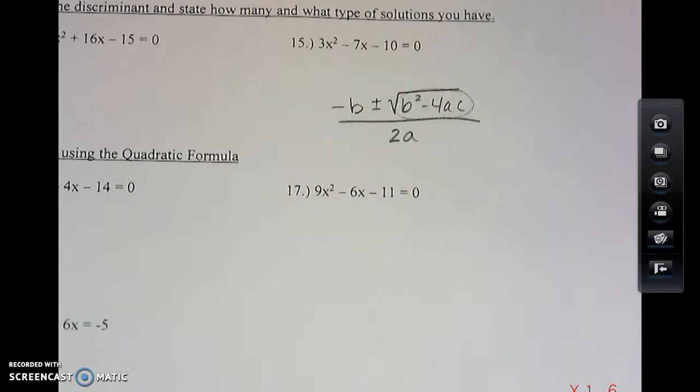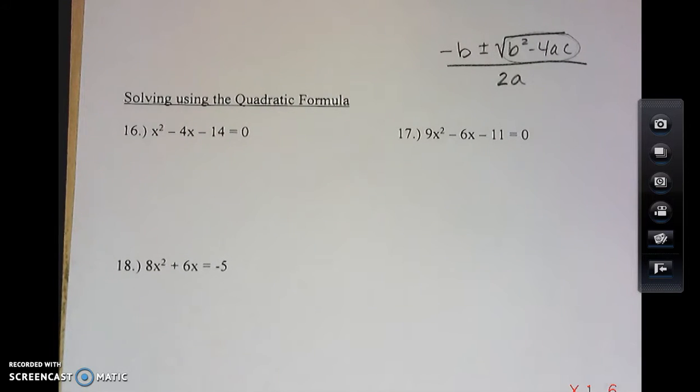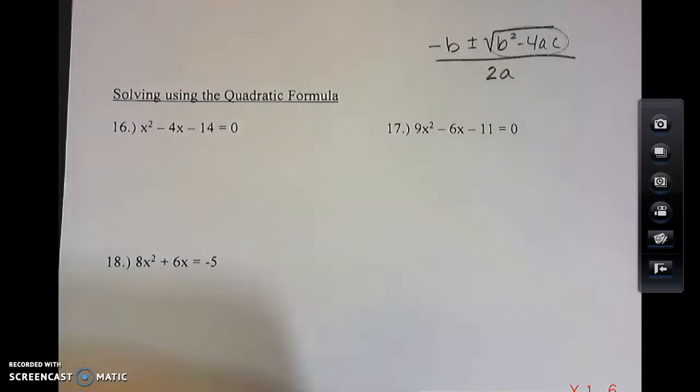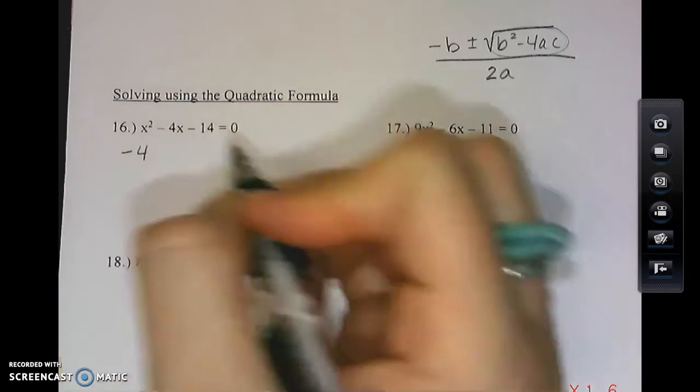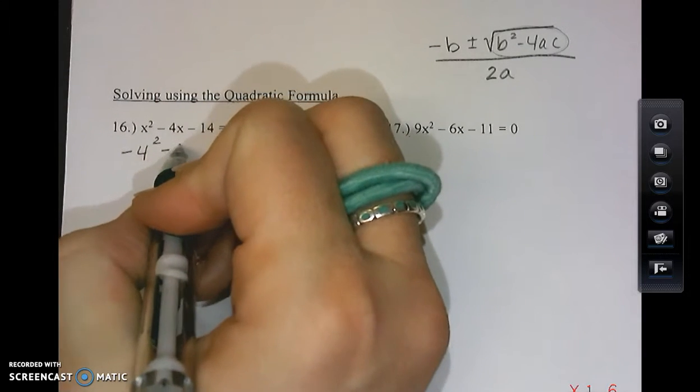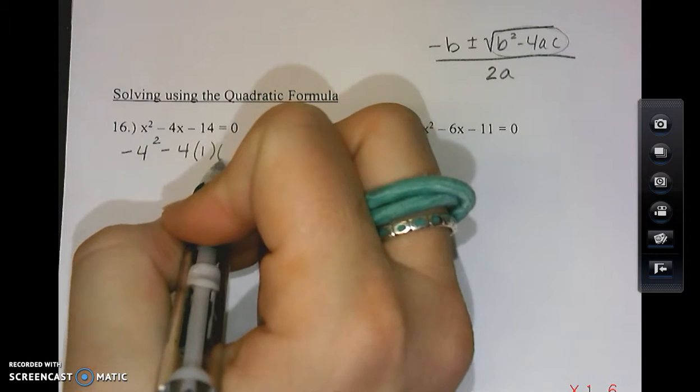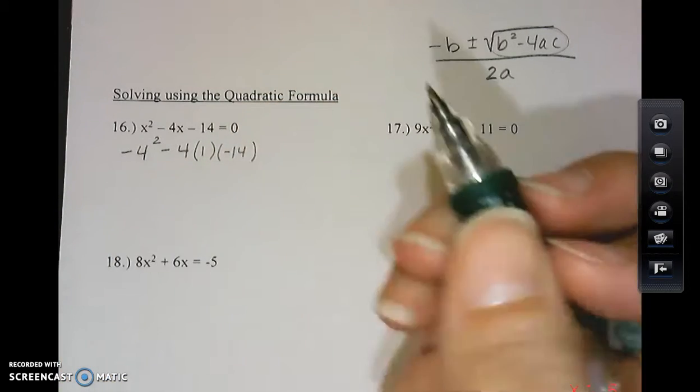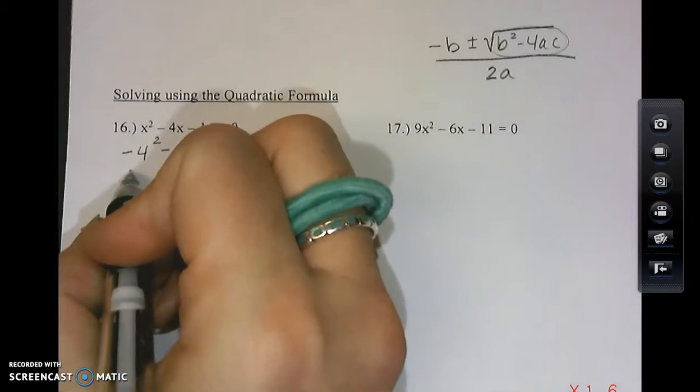Okay, so if we look at number 16, we're going to do our negative. So here's our b squared minus 4 times a times c. So when I do this, I end up with 16.